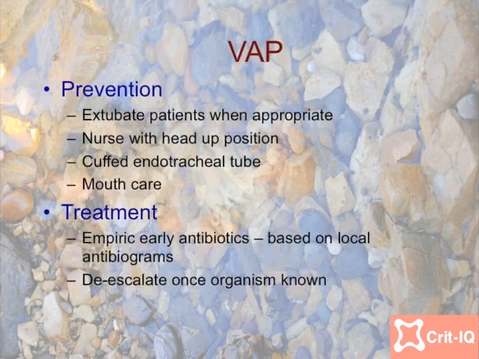bronchial tract. There are a number of measures that can help prevent ventilator-associated pneumonia in the intensive care patient. This includes extubation of the patients when it's appropriate to do so. And there are a number of other methods to try and prevent bacteria in the mouth or gut from spreading into the respiratory tract.